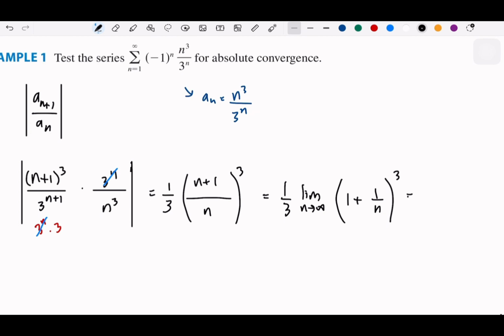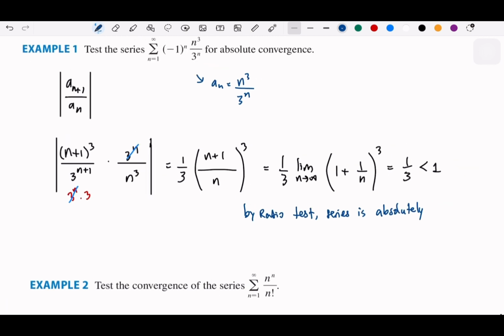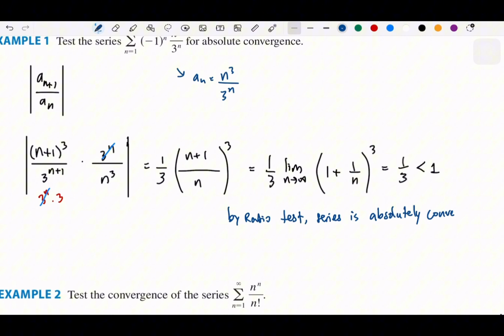So we have 1 over 3, which is less than 1. So by the ratio test, the series is absolutely convergent. Or you can say, therefore it's convergent.